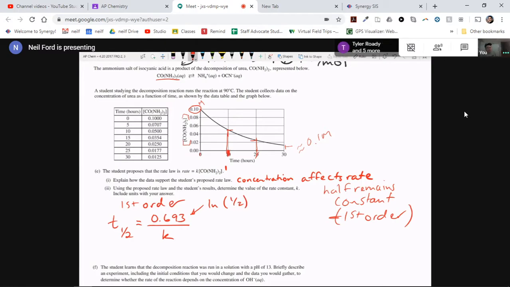So you're going to plug in the half-life, which is, what is the half-life of this? Let's say 10 hours. So I'd say 10 hours equals 0.693 over k. So k equals, just do your little switcheroo, 0.693 over 10 hours, which equals 0.0693. And what units go with k?